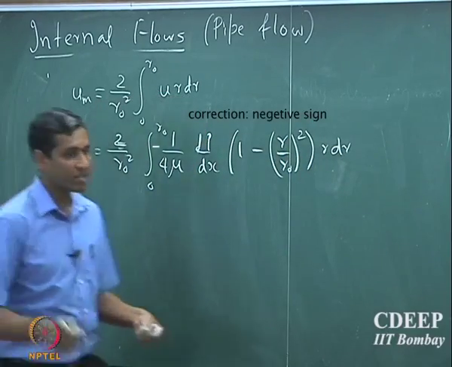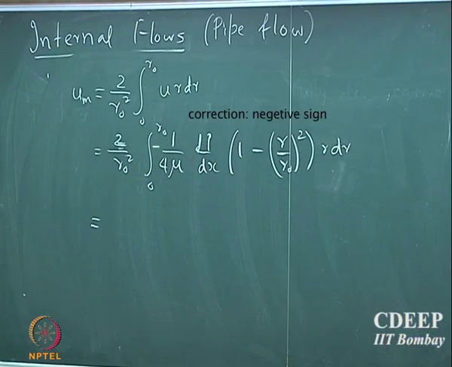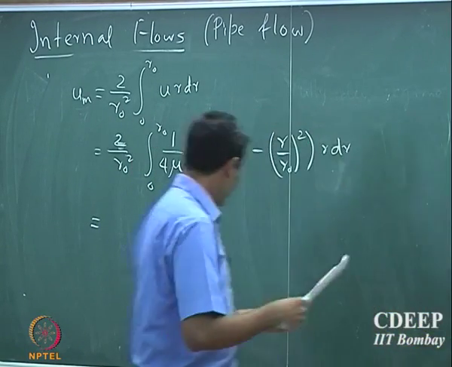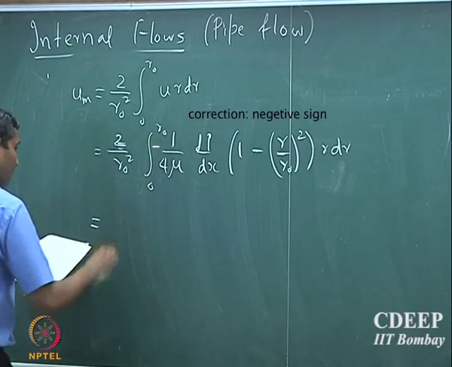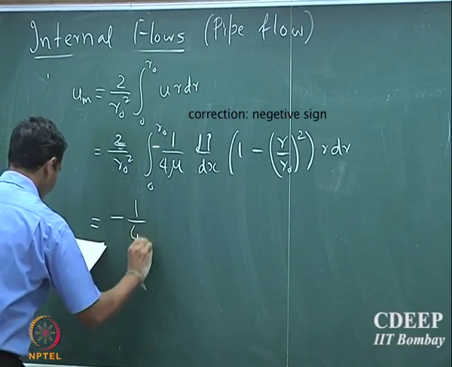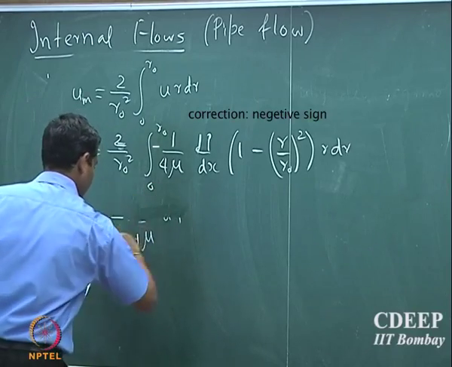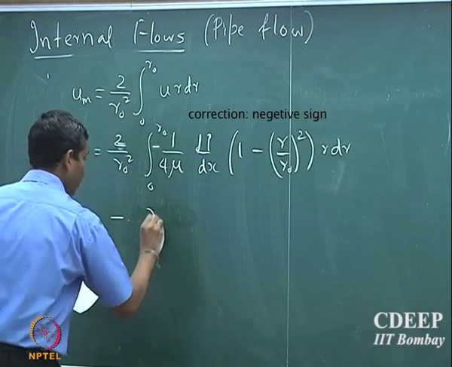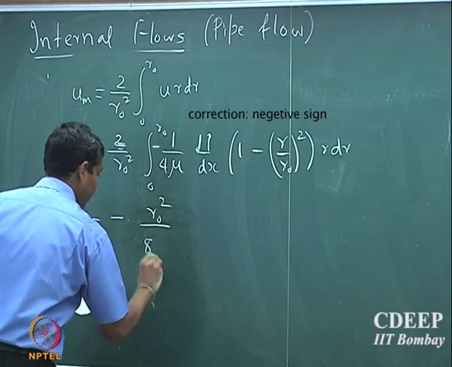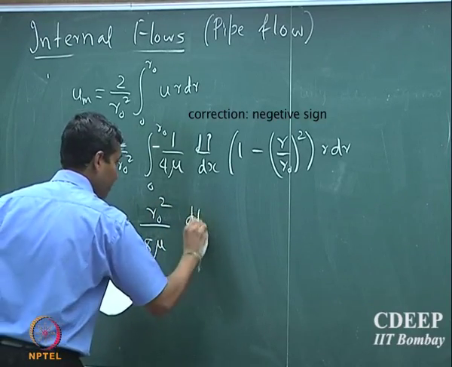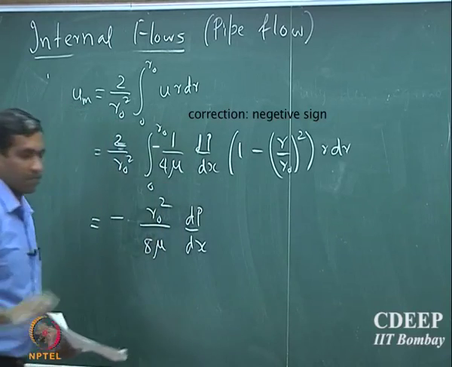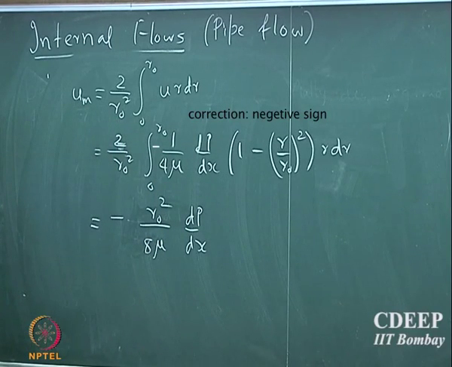I am not going to do the integration here, just give you the final expression. So the integral will be minus r naught square by 8 mu into dp by dx. Okay, so that will be the average velocity.